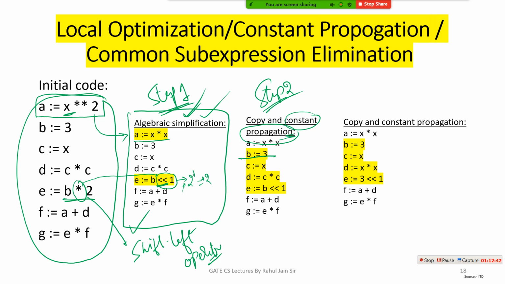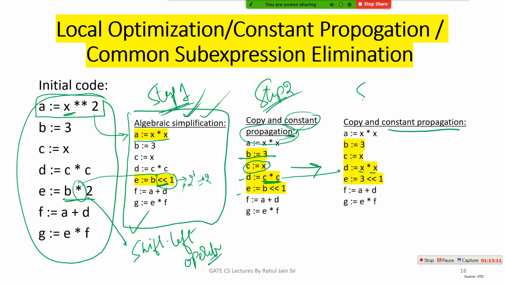So in constant propagation, I am copying this, and c equals x is also one of my constant propagations. These two are now the same, but in the next step of copy and constant propagation, c into c is there, so I am replacing this c with x and x. I am replacing this step with this step.